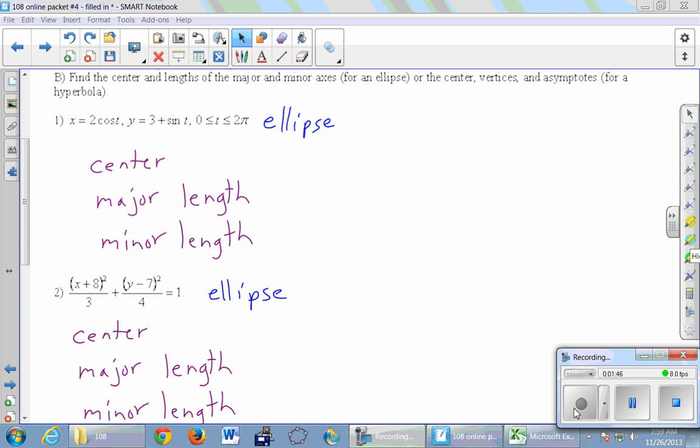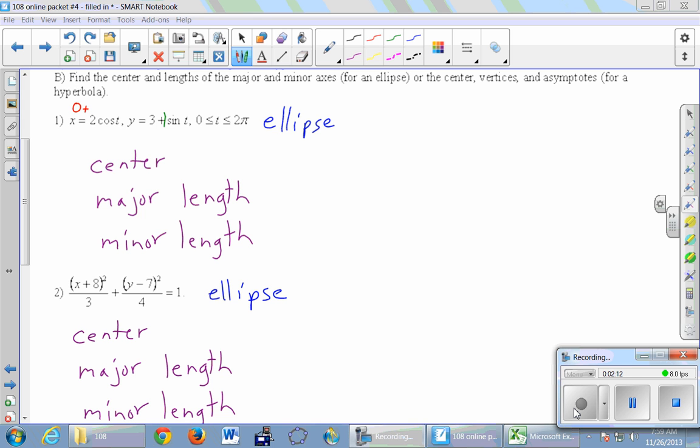Okay, so the first thing I'm going to do is add a couple of numbers into my original equations. So the x equals 2 cosine, I'm going to write that as a 0 plus 2 cosine. And then the y equals 3 plus sine, I'm going to write that as 3 plus 1 times sine.